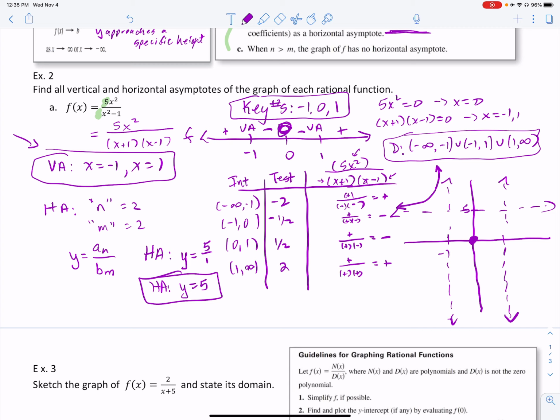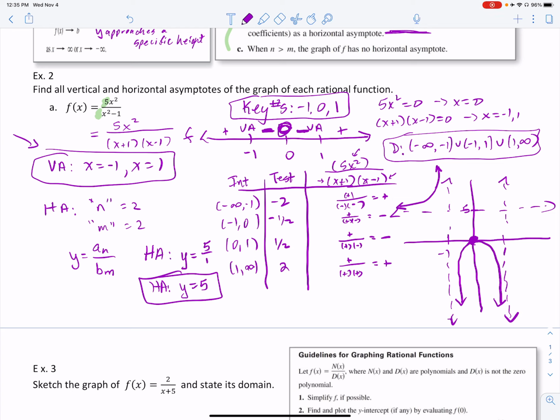And to the left of -1, since it's a vertical asymptote and the function's positive, y has to be going to positive infinity. Between -1 and 1, this function's going to do this, because it's negative on either side, but just comes up and touches 0 at 0.